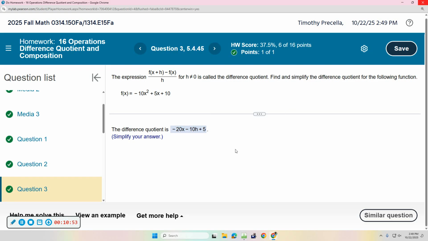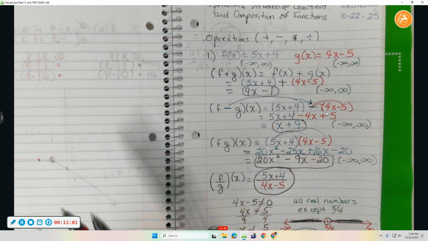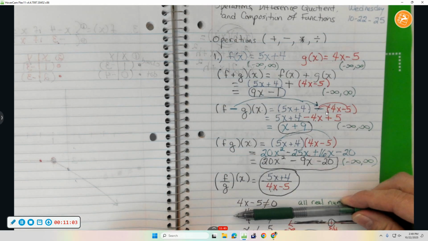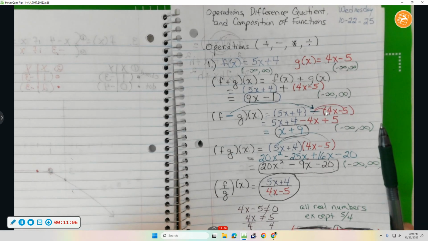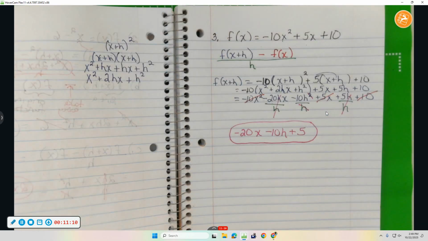Now, so that we've done the name of the assignment, Operations, that was problem 1. And then the difference quotient, that's problems 2 and 3.